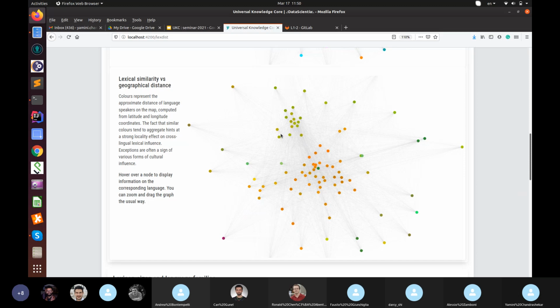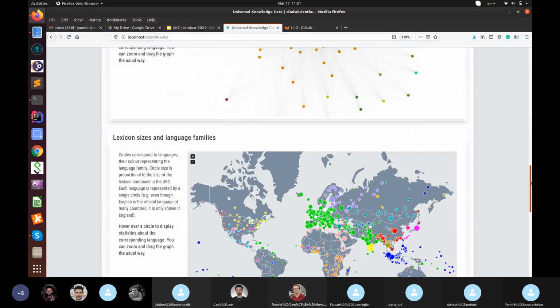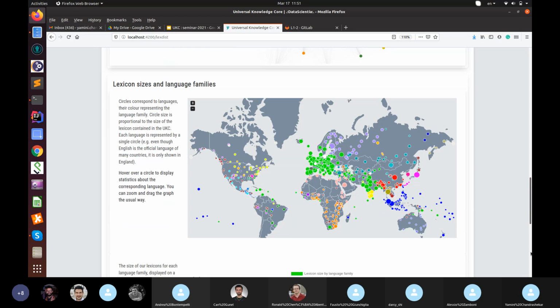All these same colored nodes are geographically closer, belong to the same part, and thus have lesser distance. As you can see here, these are all the European languages which are clustered together because of the distance.